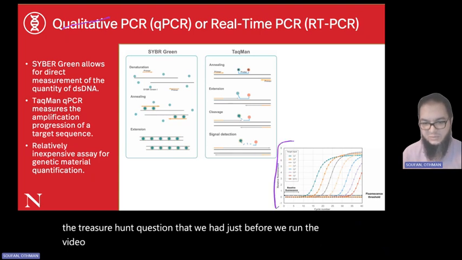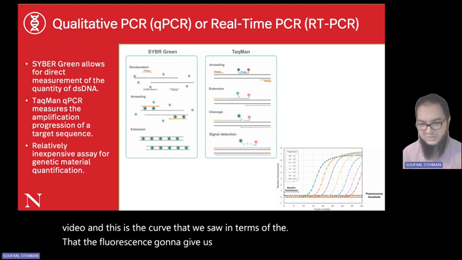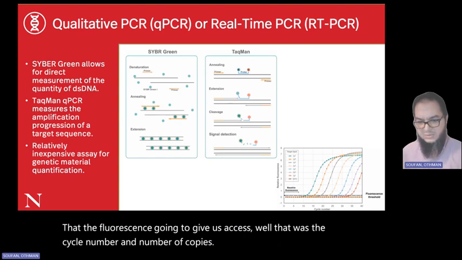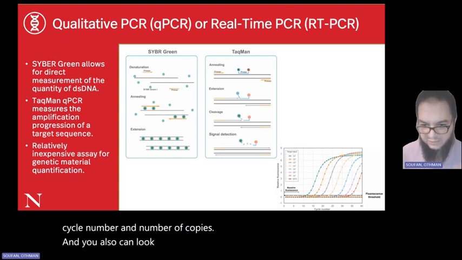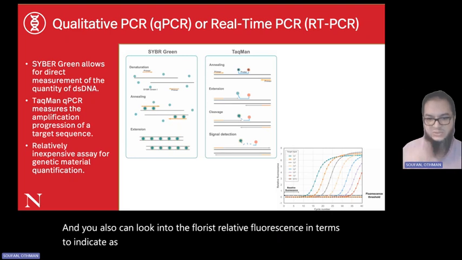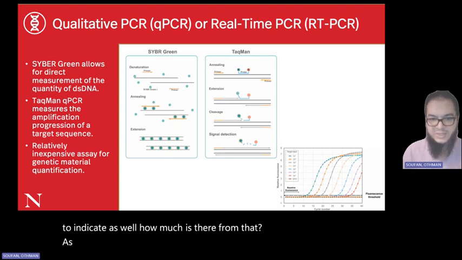And this is the curve that we saw in terms of the relative fluorescence. Well, that was the cycle number and number of copies. And they also can look into the relative fluorescence to indicate how much there is of that specific gene.